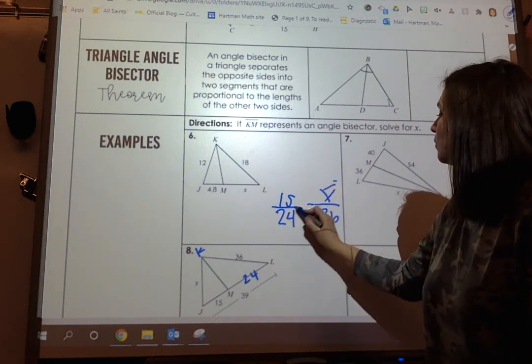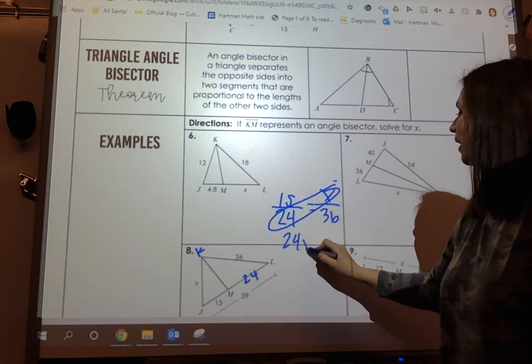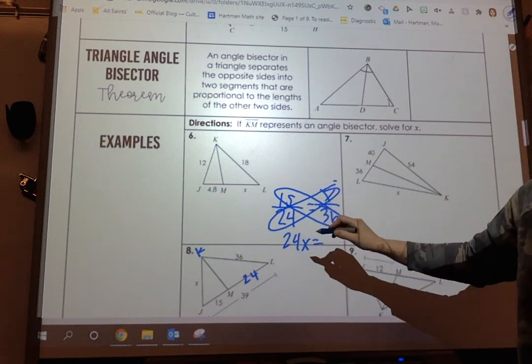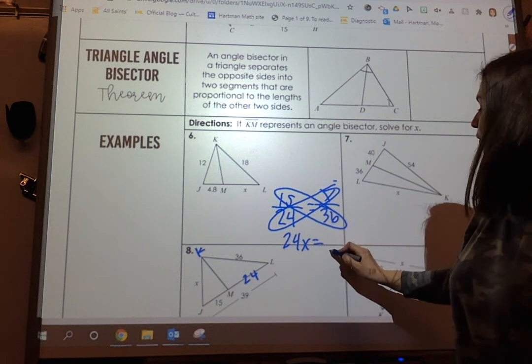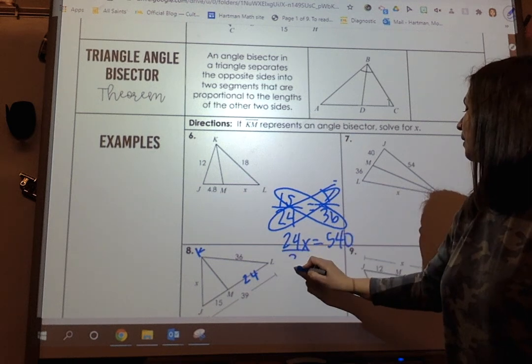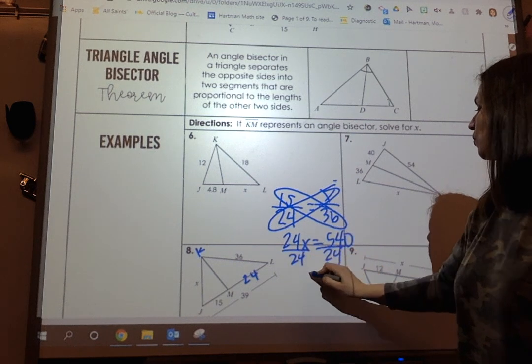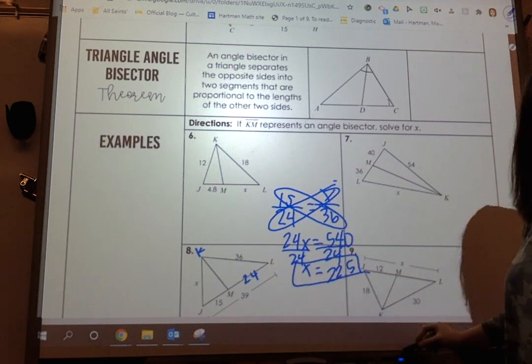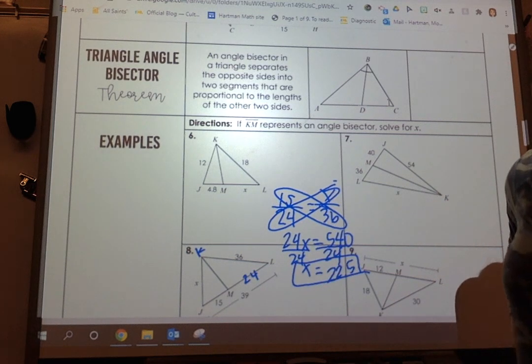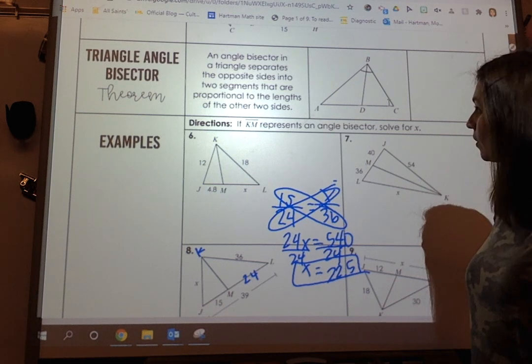And now when I cross multiply, I get 24x equals 36 times 15, which is going to be 540. And when I divide both sides by 24, x then equals 22.5. Okay, so that's how we're setting those lengths proportional to each other.